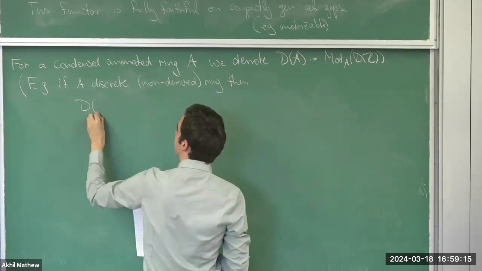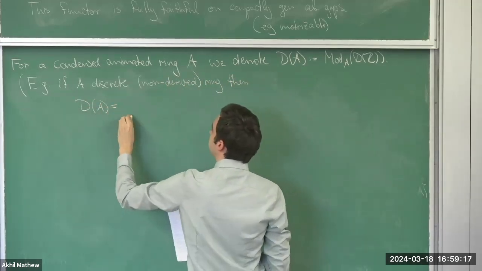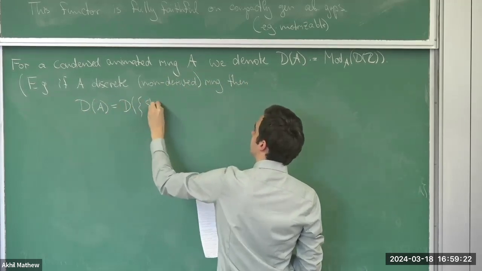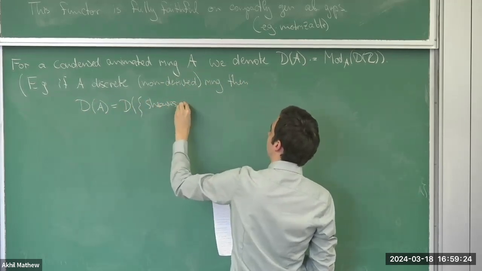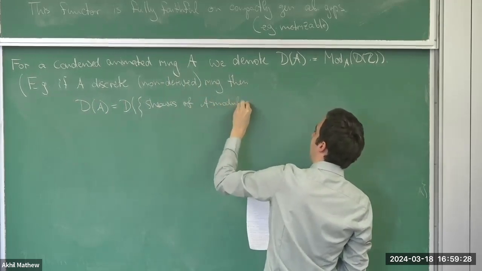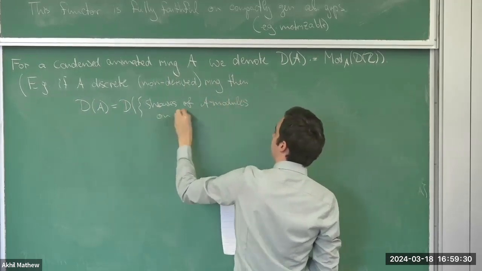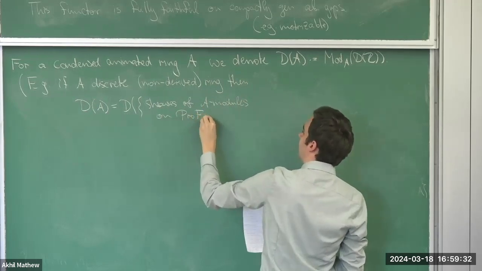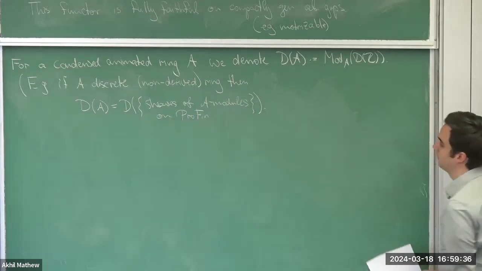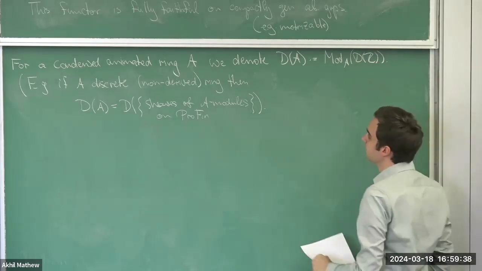D(A) is literally just the derived category of sheaves of A-modules. So nothing to be too scared of.